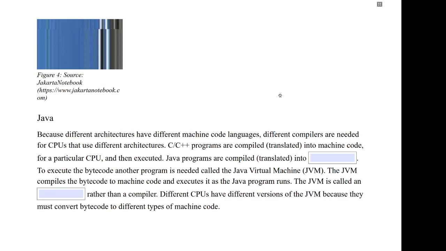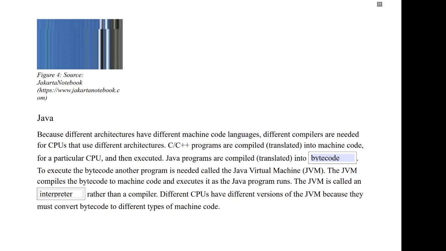Java programs are compiled into bytecode. To execute the bytecode, another program is needed called the Java Virtual Machine, or JVM for short. The JVM compiles the bytecode to machine code and executes it as the Java program runs. The JVM is called an interpreter rather than a compiler.